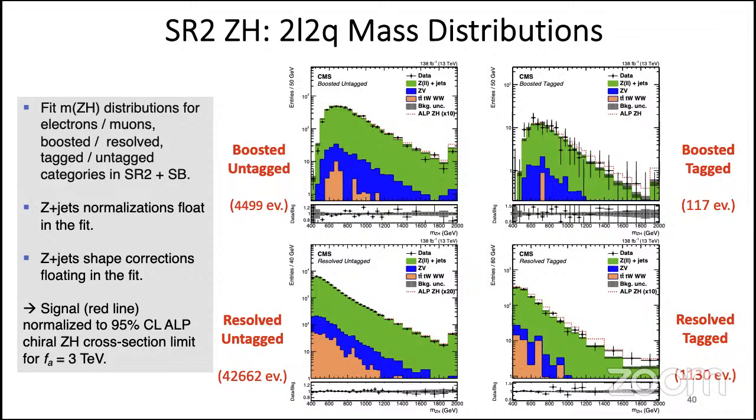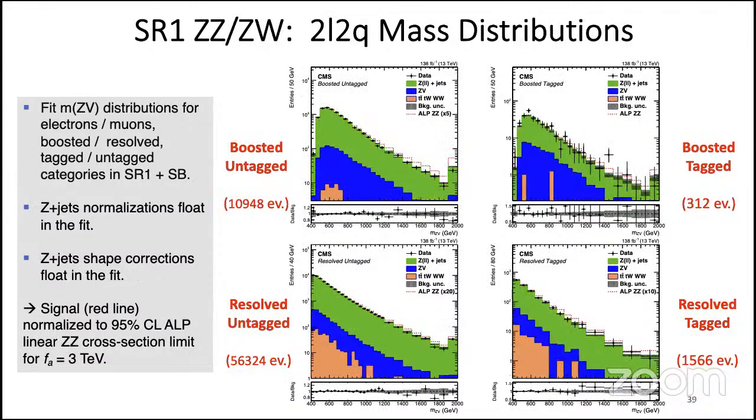For example, you say that you target boosted, but I cannot see the signal in your distribution. The signal is represented here in the red line. For example, in the boosted category, the signal here is not easy to see, but it's here.